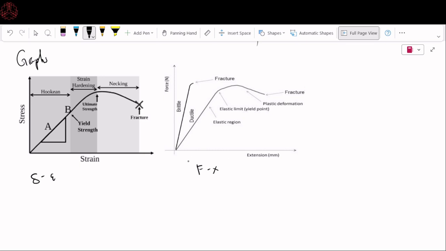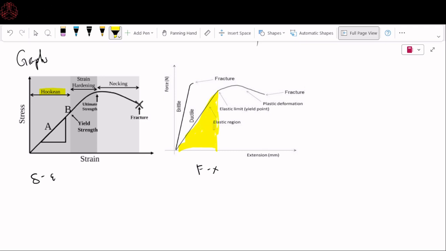As you pull and you extend the object, let's look at both graphs at the same time. As you pull the object, there's a region of both graphs that we call the Hookean limit. Generally, the Hookean limit will be just before the elastic limit.